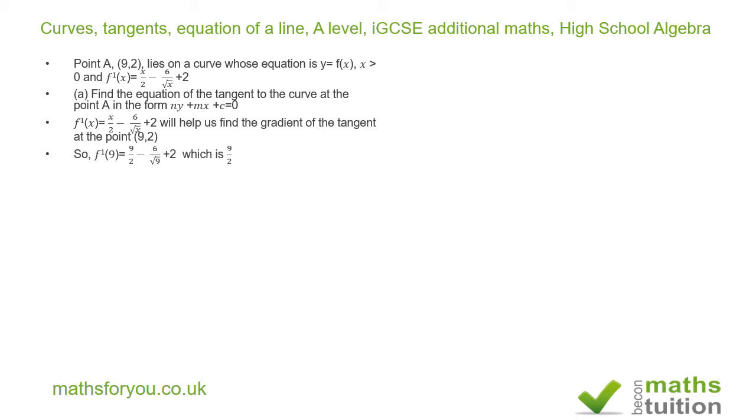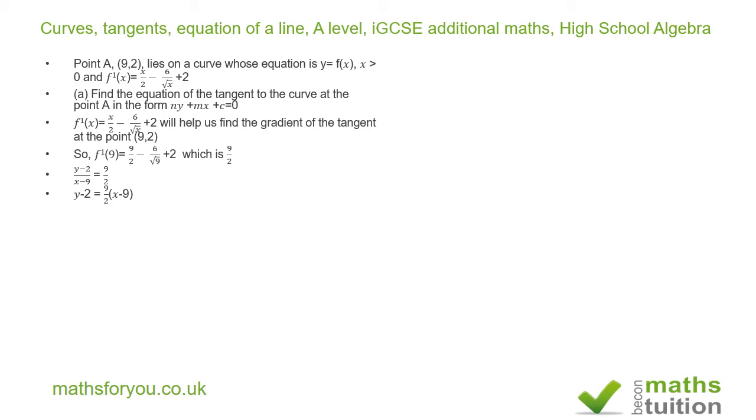Now, having found the gradient, we now need to find the equation. And we do that by saying y minus 2 divided by x minus 9 is equal to 9 over 2. If we now multiply both sides by x minus 9, we end up with y minus 2 is equal to 9 over 2 multiplied by x minus 9.